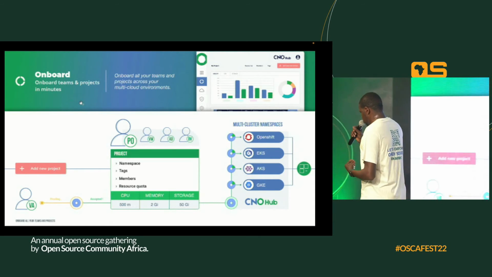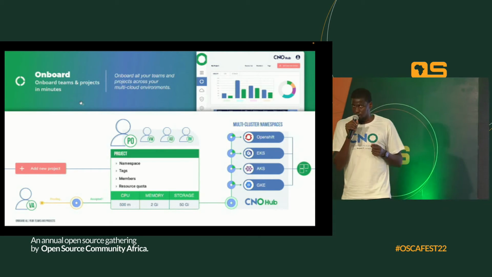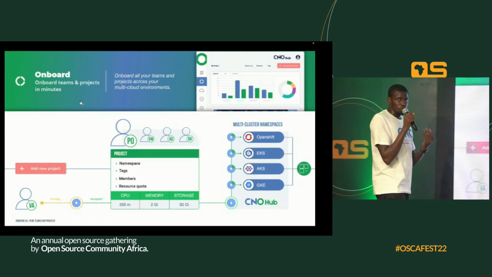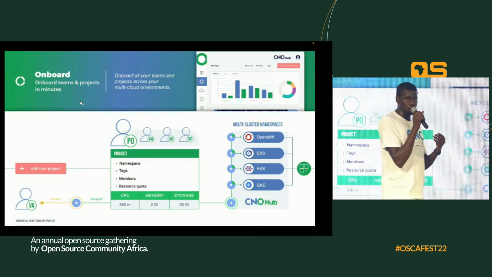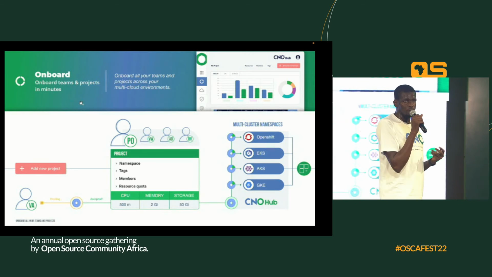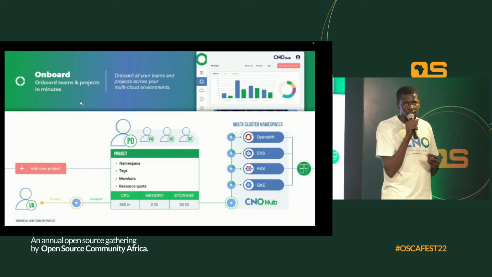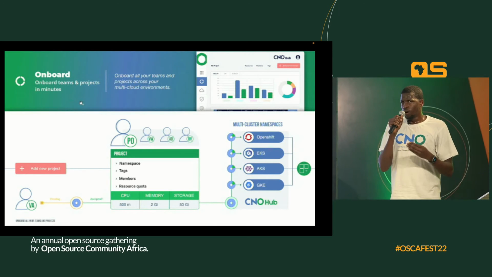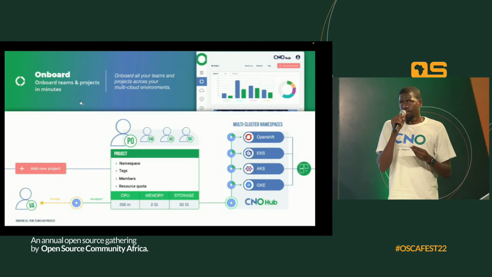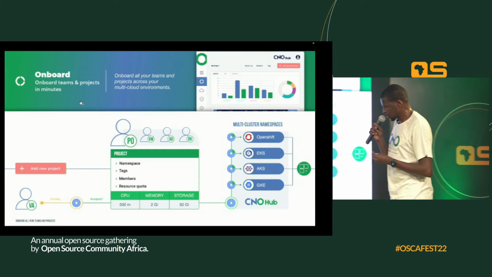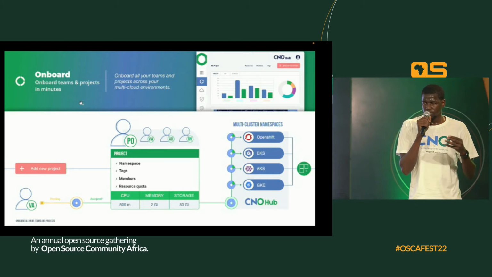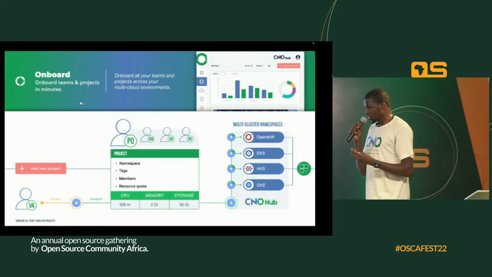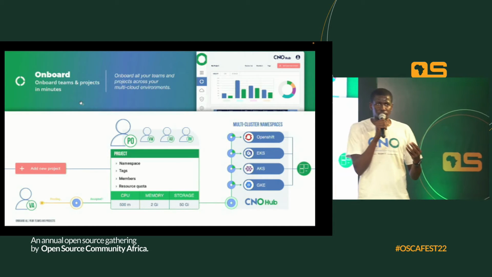Also, with CNO onboard, for example, a project manager or a project owner can define their own project and say, okay, I have this project, I have these developers or the admins, and also, I want a total amount of CPU or memory or storage, and also, my project will have two environments.